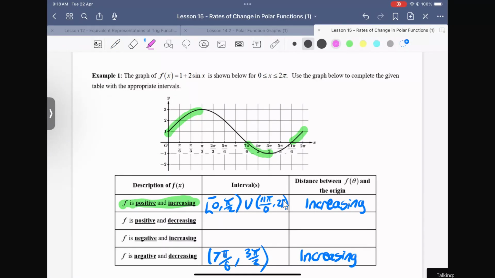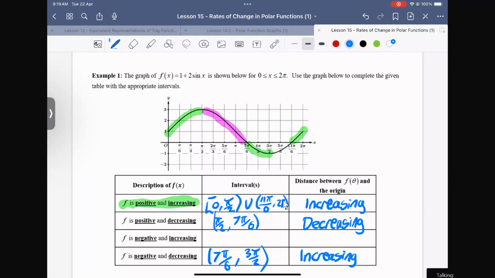Now, when it's positive and decreasing, like here, that is an interval from pi over 2 to 7 pi over 6. This means that the polar graph is going to be decreasing. What that means is the distance between a point on the graph and the origin is going to be decreasing as the angles increase.